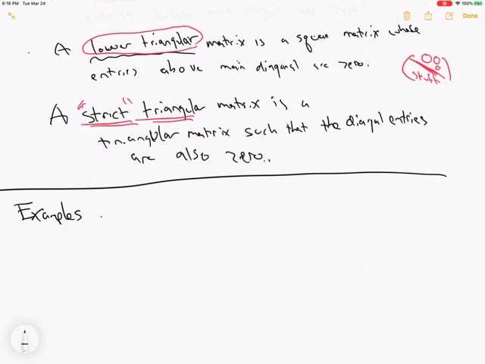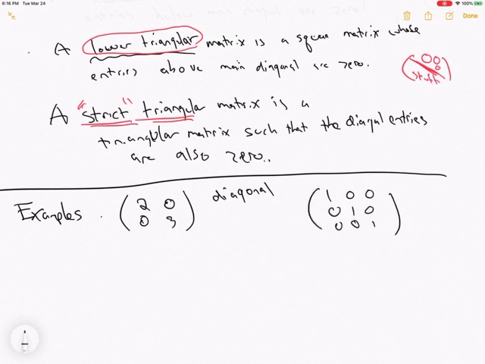If you had a matrix like 2, 0, 0, 3, this is a diagonal matrix, because all of the interesting stuff happens along the diagonal. Identity matrices: all identity matrices are diagonal. You can even have the zero matrix.